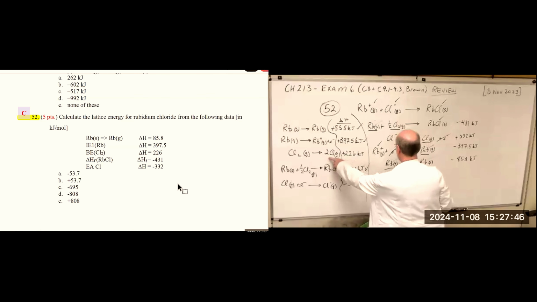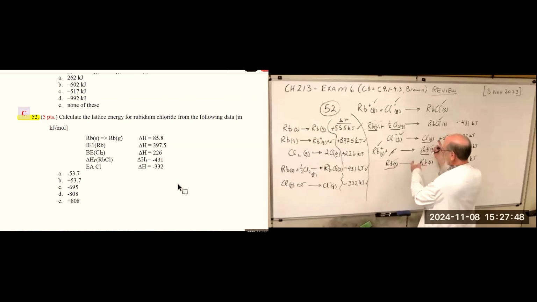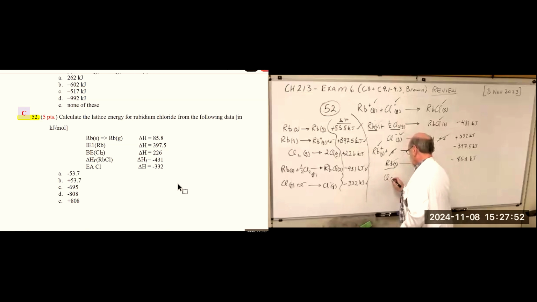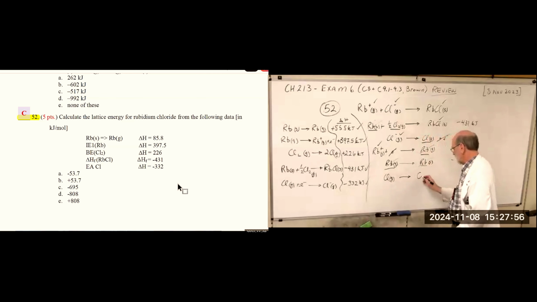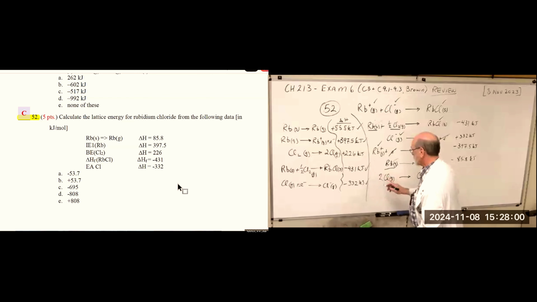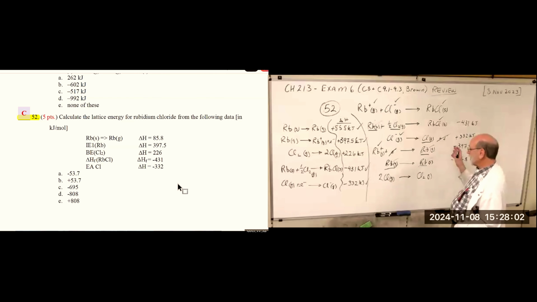So we need chlorine gas on that side to cancel this one, and we need Cl2 on this side. That one started out as 2, but we only need half of that much.